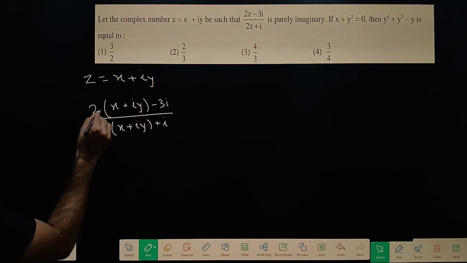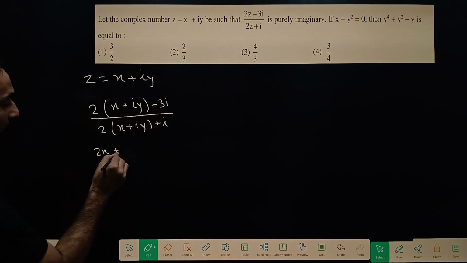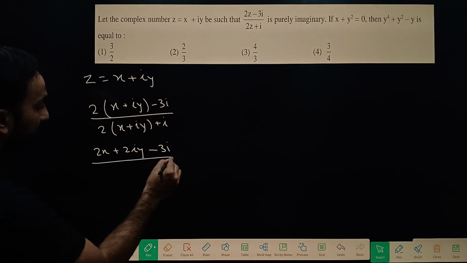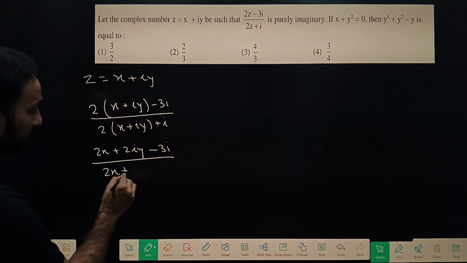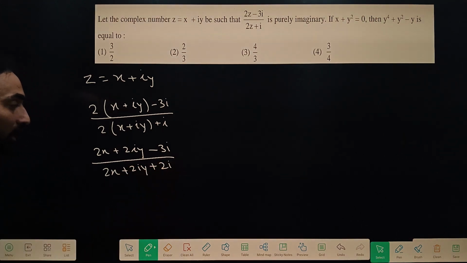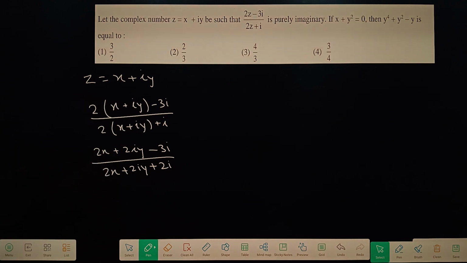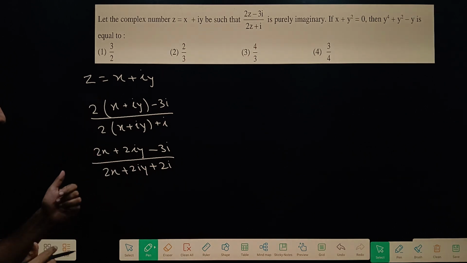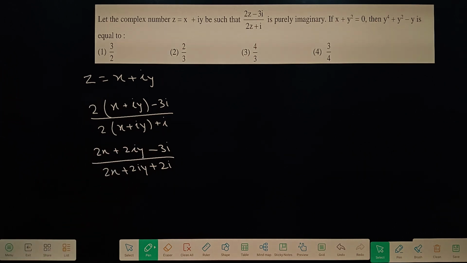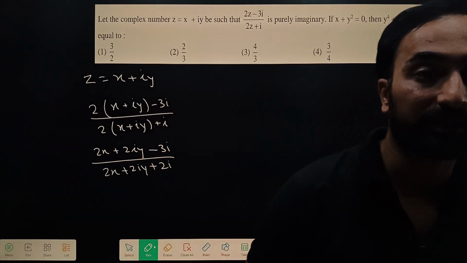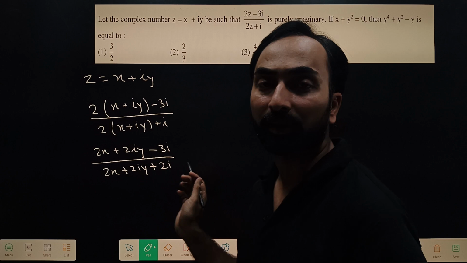Now we will solve. After solving, we will get (2x + 2iy - 3i) divided by (2x + 2iy + i). Now we can see that we have two types of terms: the term with i and the term which does not have i. The term with i is called the imaginary part and the term which does not have i is called the real part. So we will separate the real part and the imaginary part.